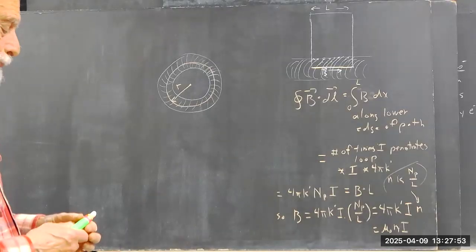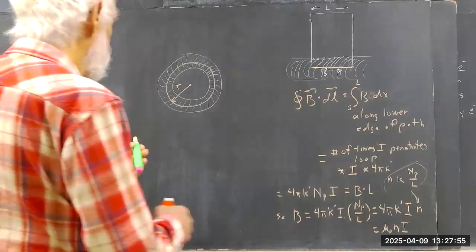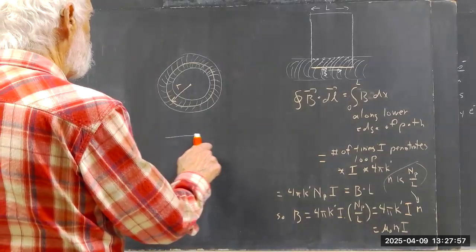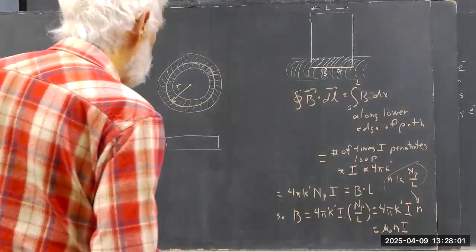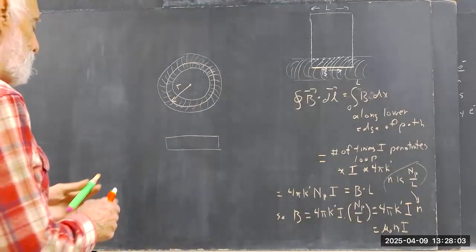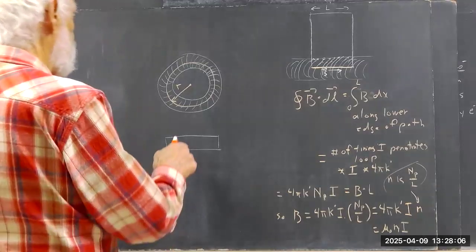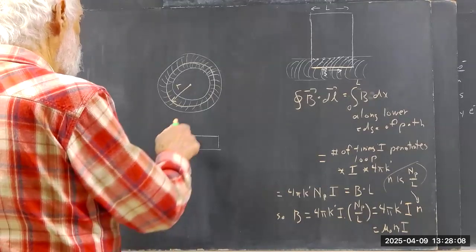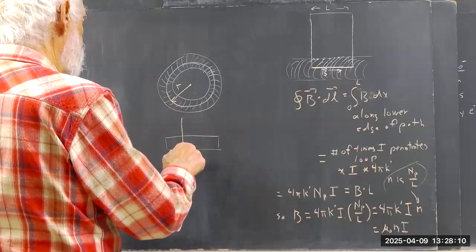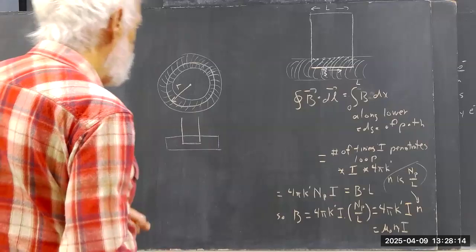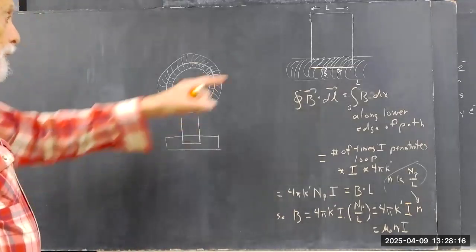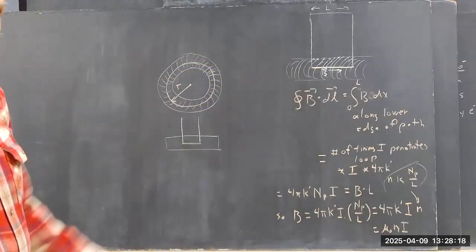Okay. So what I want to do is come out here and look at a side view, just like this, and some small segment of the toroid, just like what I have up here.